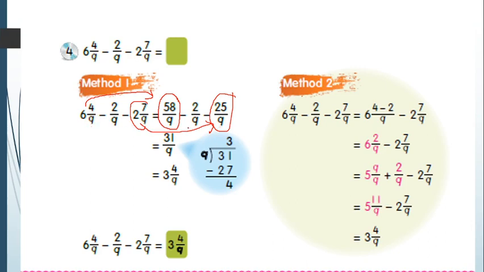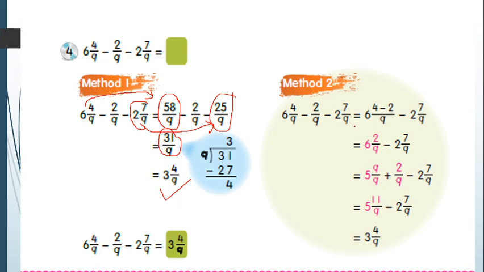The denominator is the same, so it's easier for you to subtract. So subtract, we have 31 over 9. Remember, I already told you before, do not leave the answer in improper fraction. You have to convert it into a mixed number. So this is the answer, 3, 4 over 9.